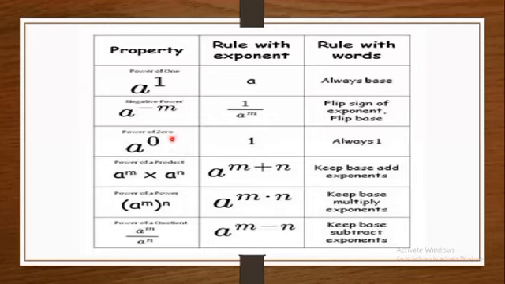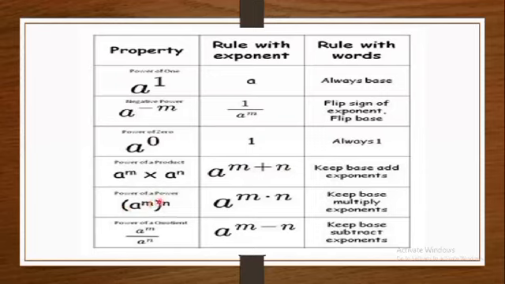You can check using your calculator. Here you have the product of two powers having the same base. So what we are going to do with the exponents, we are going to add them. We keep the base and we add the exponents.